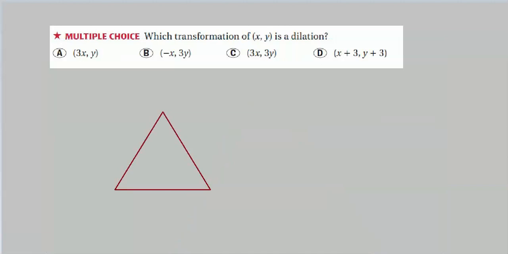And the other way to see that this is our dilation is that dilations can be written as k times (x, y). Remember, this is scalar multiplication on a vector. And that becomes (kx, ky). Well, this can be written as 3 times (x, y). That's the same as that. So, this is the dilation.